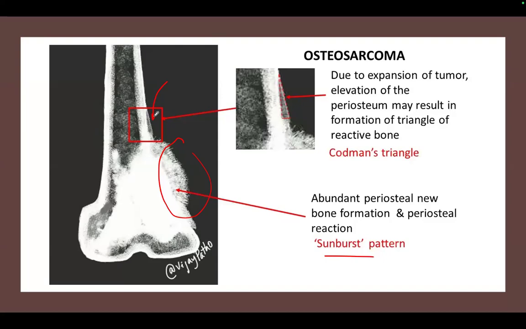So two X-ray findings for osteosarcoma: we have the Codman's triangle and we have the sunburst pattern. So please take note of this.